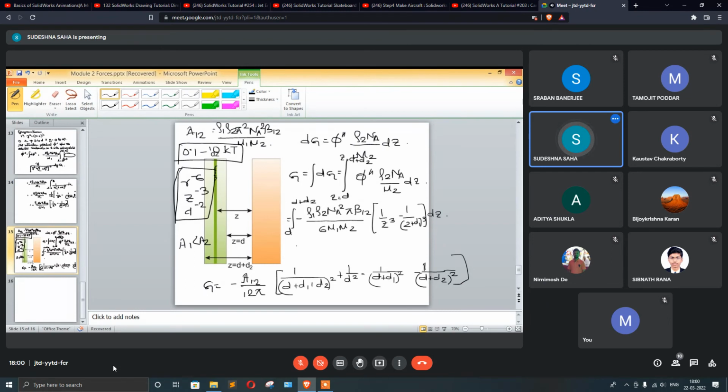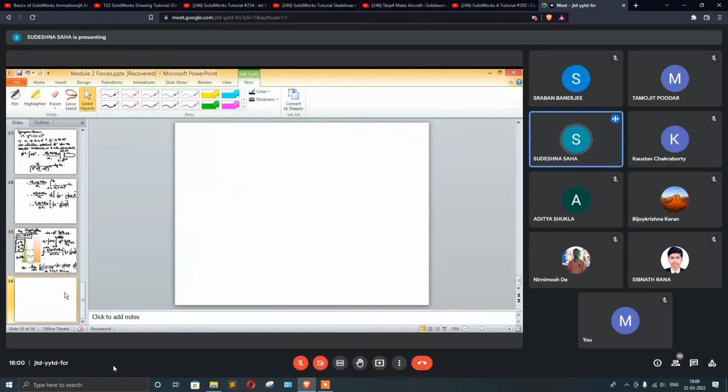And if you put d1 and d2 greater than 100 nanometer, then your expression reduces to G equals to minus A12 divided by 12 pi d square.